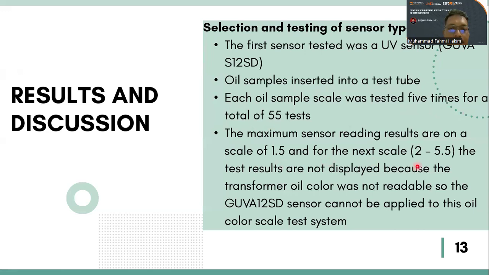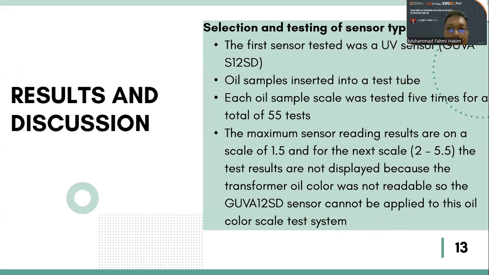For the next scales, 2 until 5.5, the test results are not displayed because the transformer oil color was not readable, so the GUVA or UV sensor cannot be applied to this oil color test system. So we do not use this sensor.